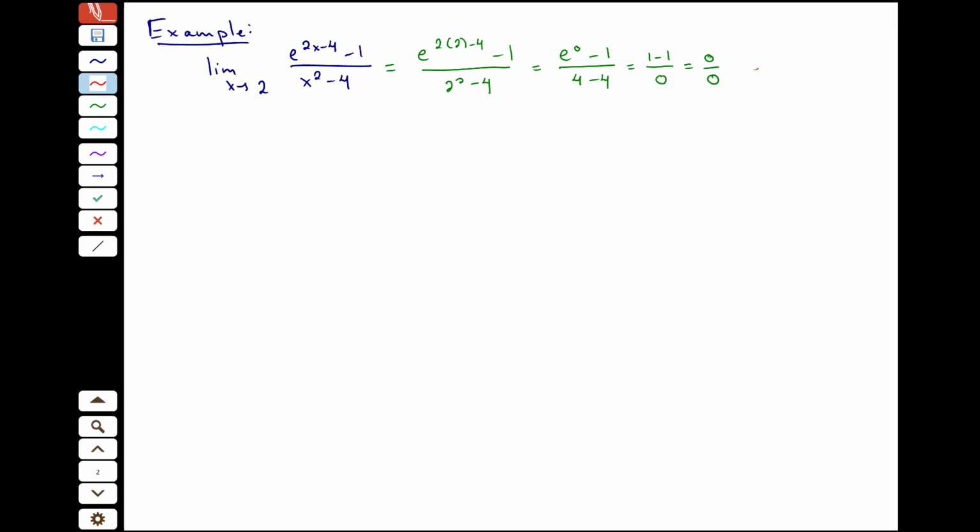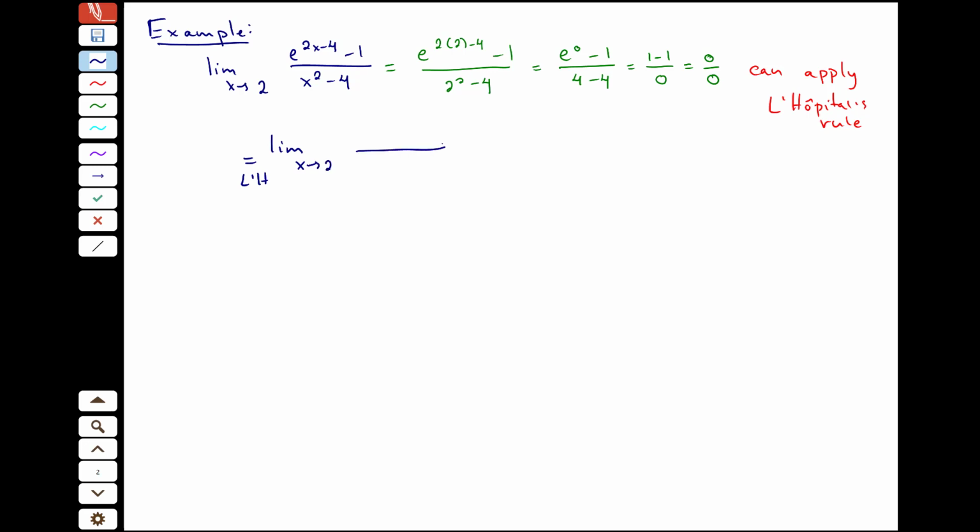And so we can apply L'Hopital's rule. When we do that, remember what L'Hopital's rule says is this limit is equal to the limit as x goes to 2 of the derivatives.